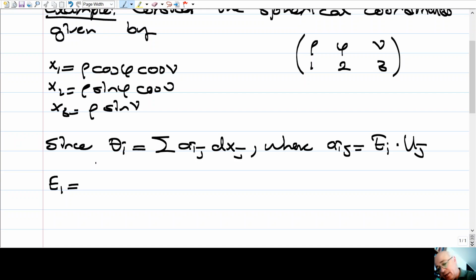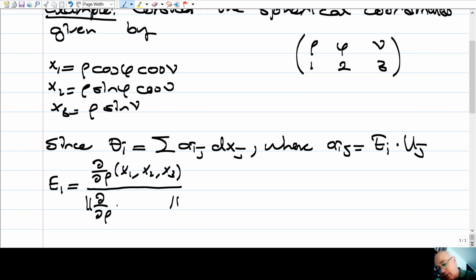So I'll just take the derivative with respect to rho, my first coordinate, of x1, x2, x3. So this will give me a vector, and then I'll just divide it by its length.